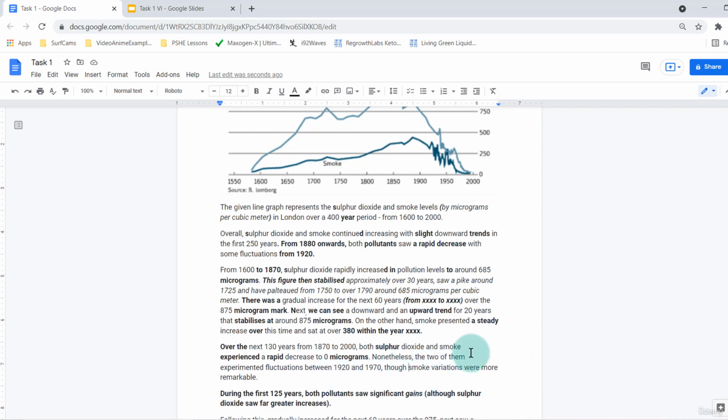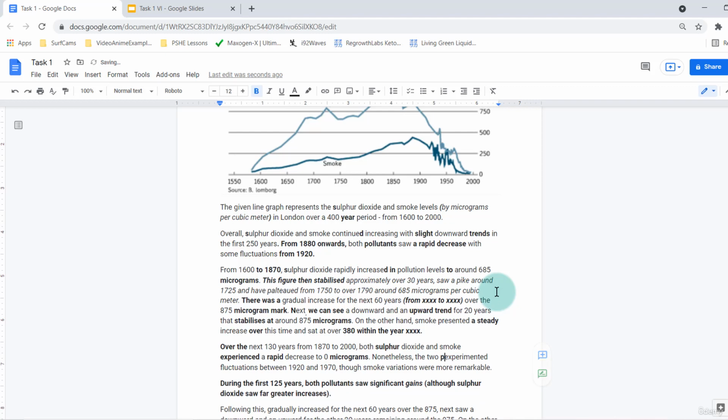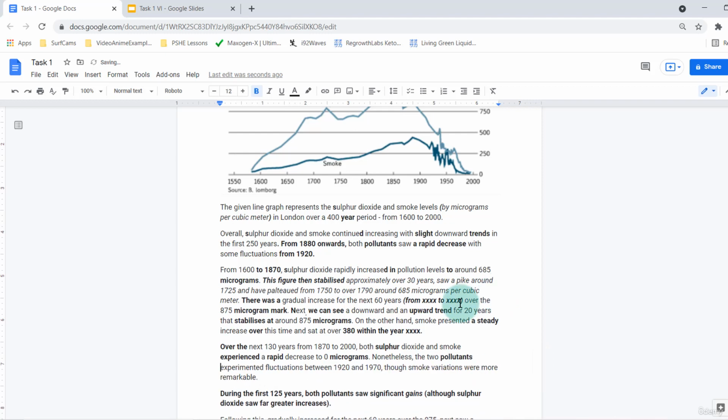Nonetheless, the two of them, let's say the two of them, I don't quite like that, the two pollutants, I'll use again, the two pollutants experienced fluctuations between 1920 to 1970, okay, that's about right.